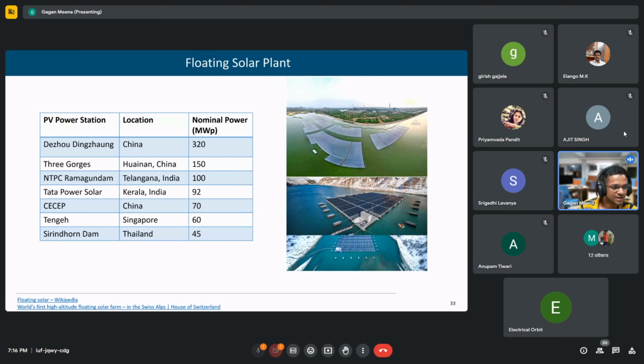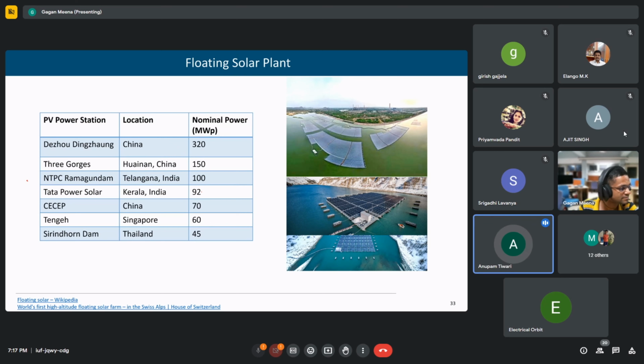In India, we have NTPC Ramagundam in Telangana. China is dominating here also. At Three Gorges Dam they have a 150 megawatt floating solar plant.